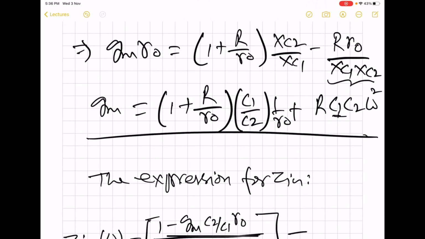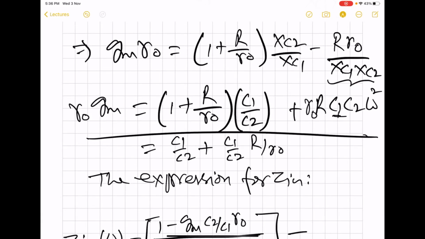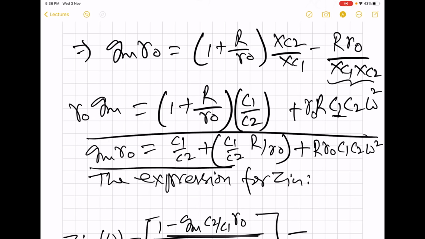Here we can see that R0 GM is basically this factor. So this is equal to C1 by C2 plus C1 by C2 R by R0 and R0 C1 C2 omega square. So this is indeed greater than C1 by C2.